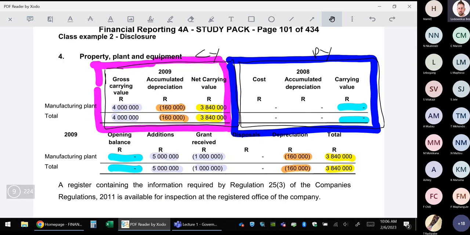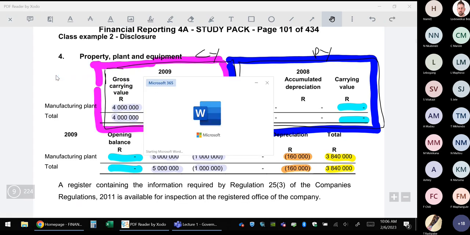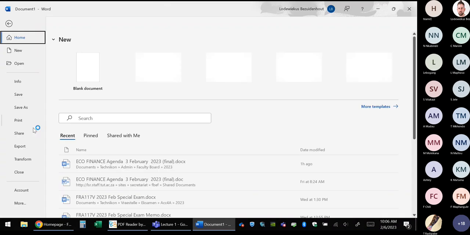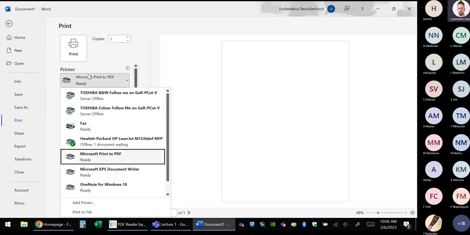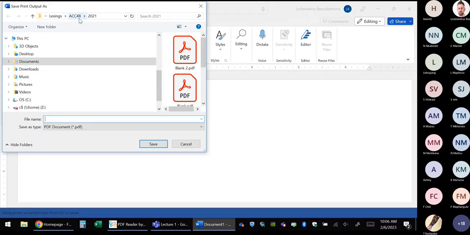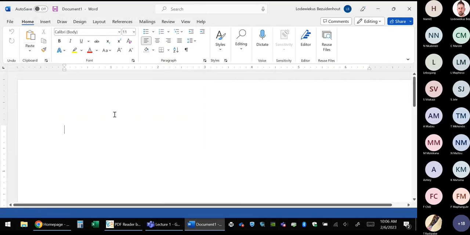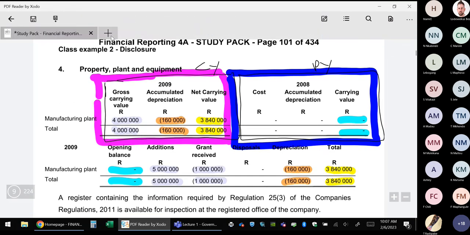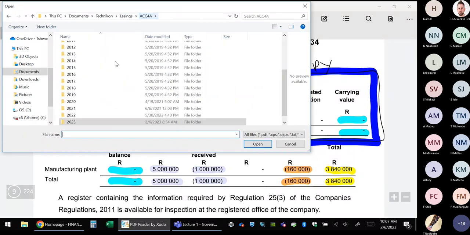So remember, quickly do something. So I've got to print a blank page.